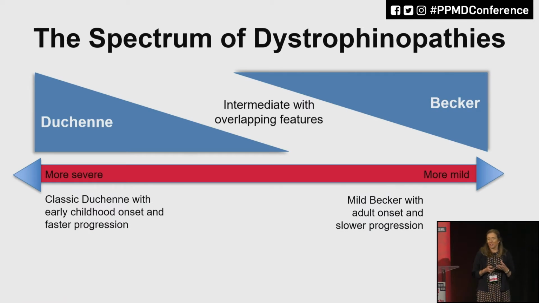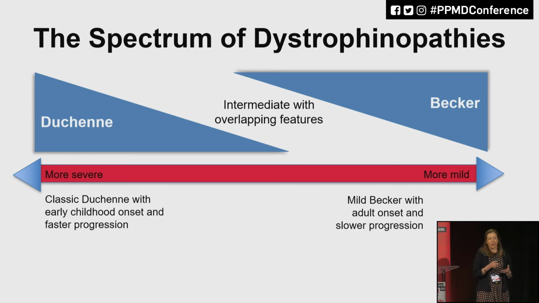Another word you're probably going to hear a lot is spectrum. We're really trying to emphasize that Duchenne and Becker are on a spectrum. It's the spectrum of dystrophinopathies, meaning we see a lot of variability. You're probably going to notice that here at conference. On the far left, you have the very classic Duchenne, which has the early childhood onset and a much faster progression.